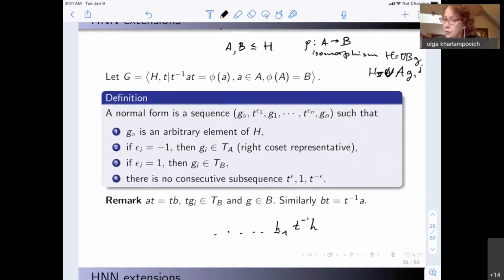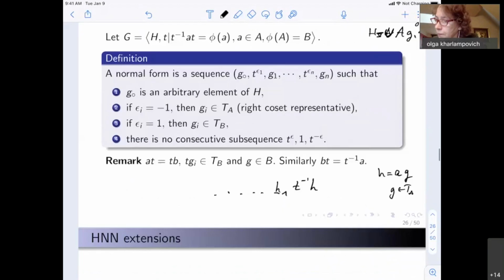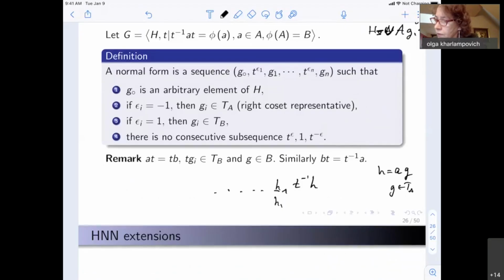So let's represent h as a g, where g belongs to a transversal for A. Every element in H can be represented as a product of an element from A and an element of the right transversal of A. So then this can be rewritten as h1 t^-1 a g.